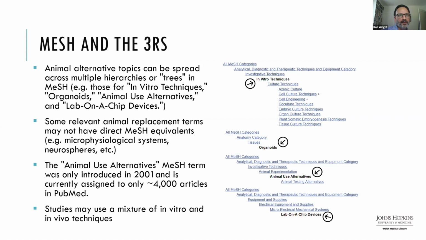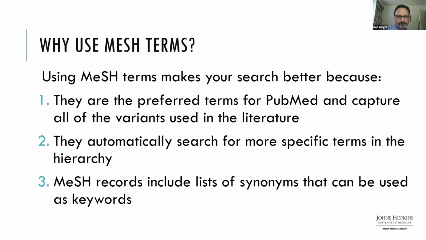And then certainly it came out in the class that I taught that studies often have a mix of different approaches or techniques that they use. So in vitro and in vivo techniques might be used in multiple articles, so you have to do quite a bit of screening of your results to determine what's going to be relevant to your research question.